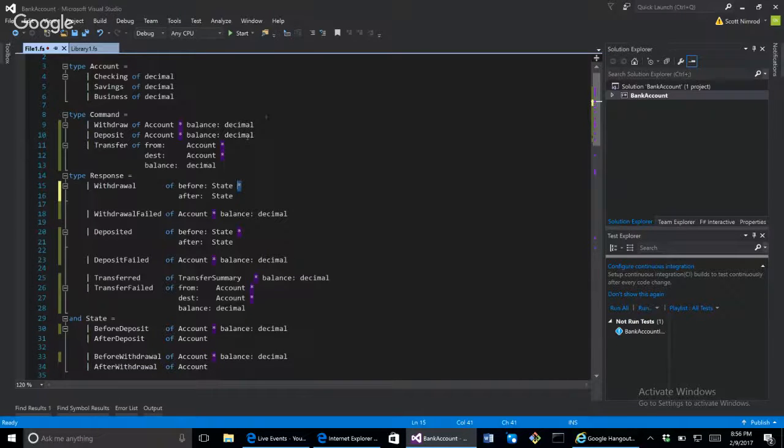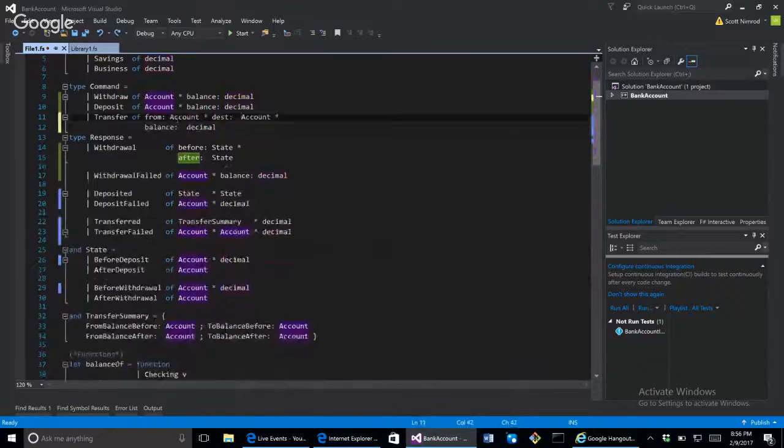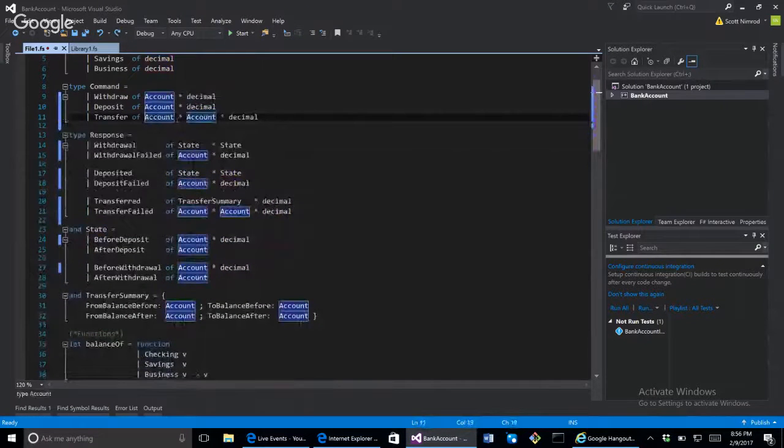Even over here, what am I looking at? After withdrawal, that's fine. Before withdrawal, we have our account, our balance. It used to look like this, which was kind of, you had to do a little bit of hunting to figure out what elements of this tuple were supposed to represent.